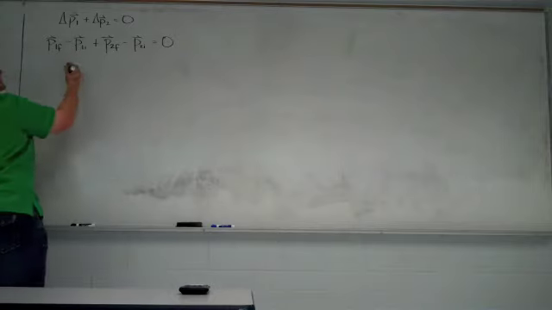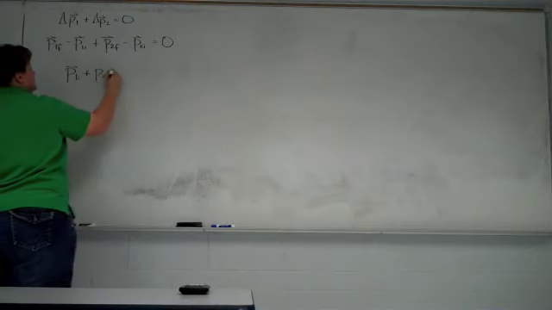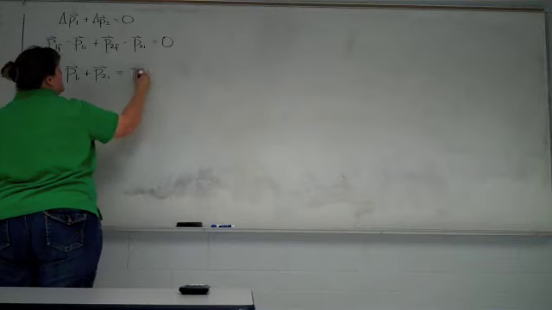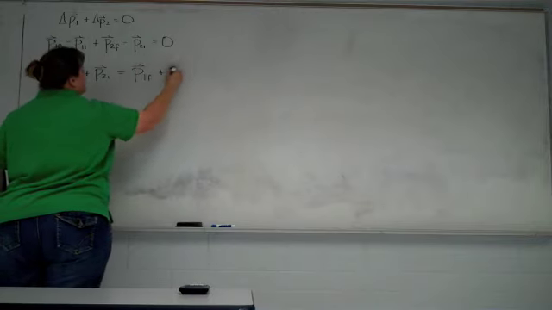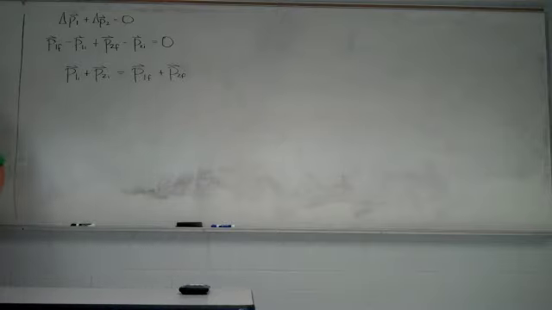I'm going to take all the initial values to one side and the final values to the other side. All the initials on one side look like this: the initial momentum of object 1 plus the initial momentum of object 2.